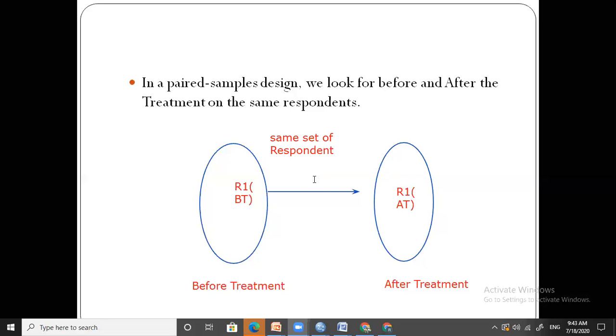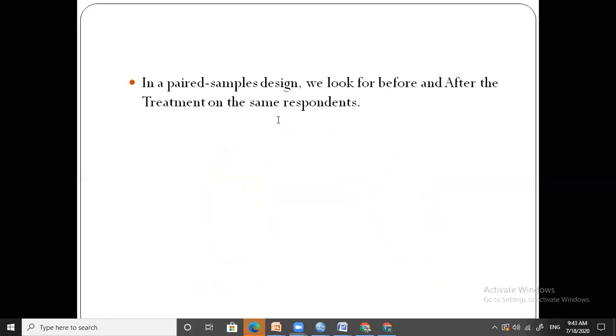Finally we will have the output, whether this training program has an impact on these students or not. So here we use paired sample t-test. Now let's have a look at the example that we are going to discuss.